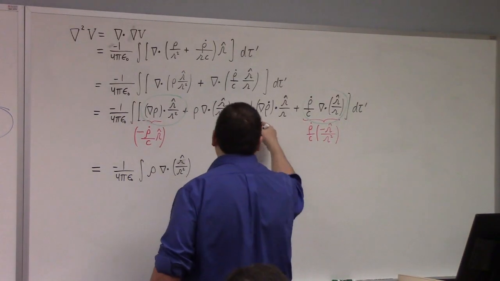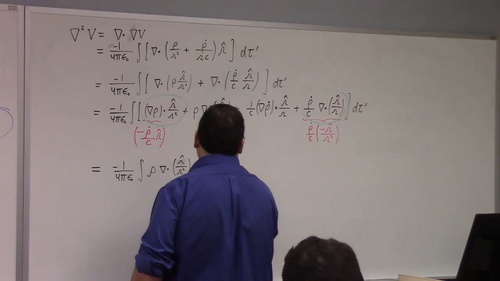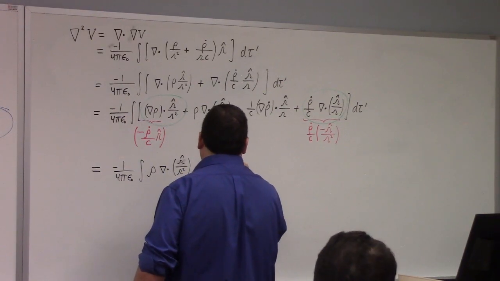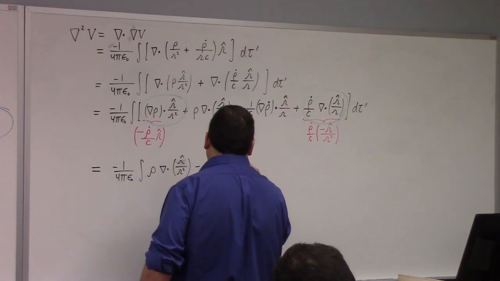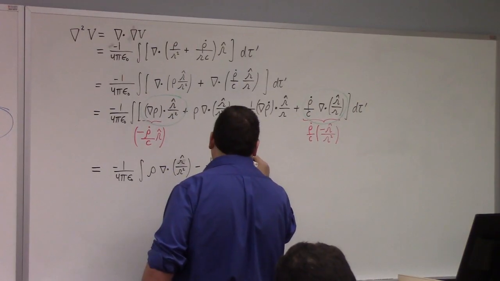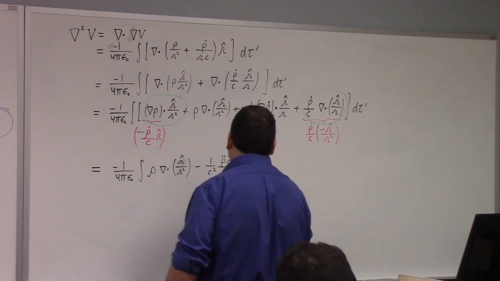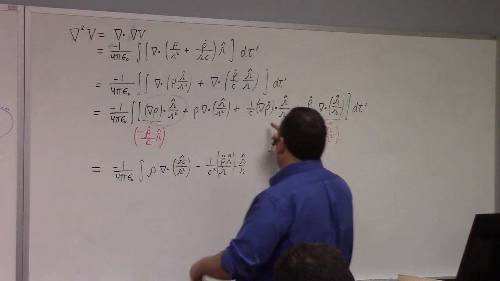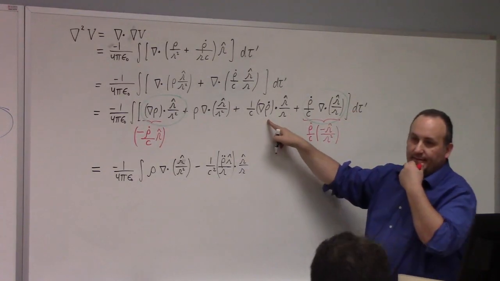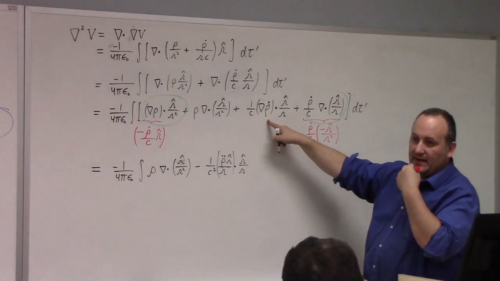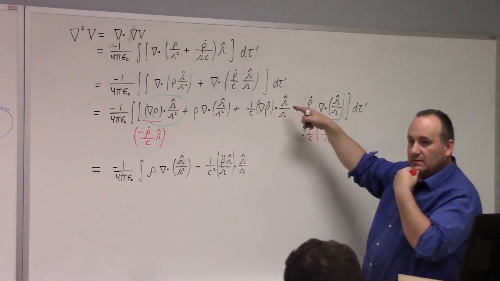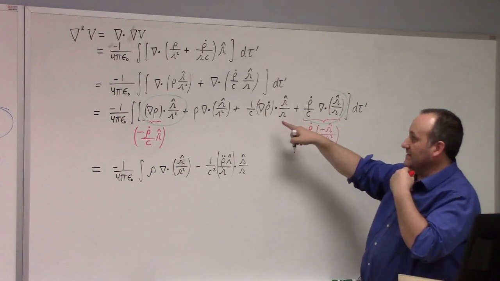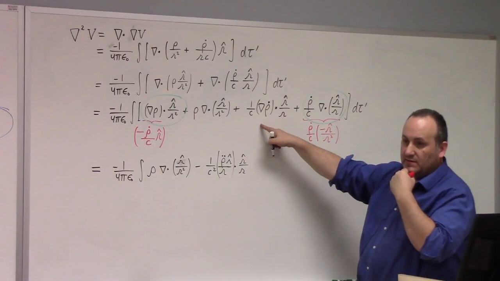And this gives me a minus 1 over c squared rho double dot over rho r hat dot r hat over r. So basically the same calculation I did for rho, I can do for rho dot. When we differentiate this, it pulls down a minus 1 over c again, and it pulls out an r hat. It's the same calculation that we did for the gradient of rho.